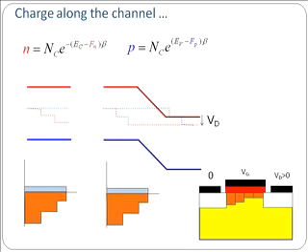This is essentially the PN junction that you did in the recombination problem. Remember, you had this reverse bias PN junction and you had to calculate the recombination at various points. This was exactly that expression, and this is the charge that you see in those expressions. Along the channel, the charge is gradually going down from the source end to the drain end. This is the same reason the charges go down in a normal PN junction, because as soon as you apply a drain bias, the whole thing is reverse biased.